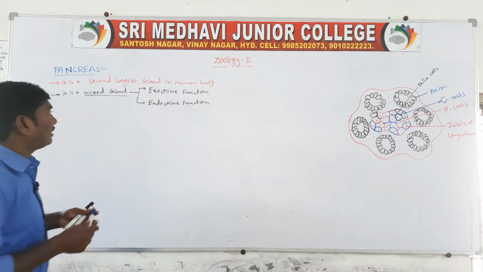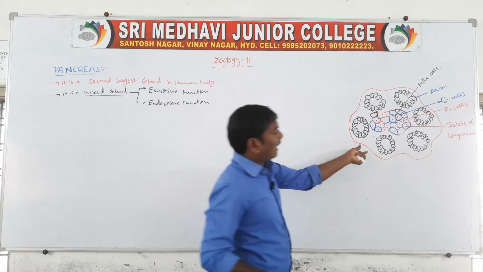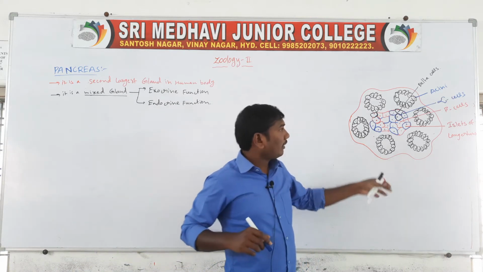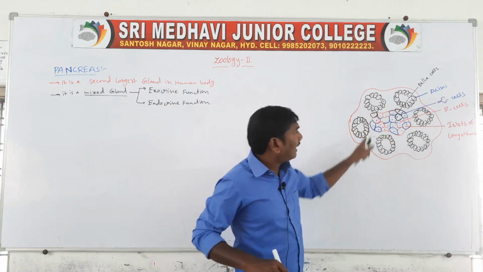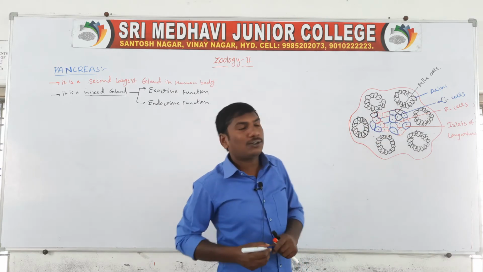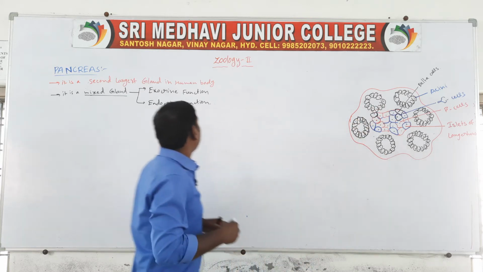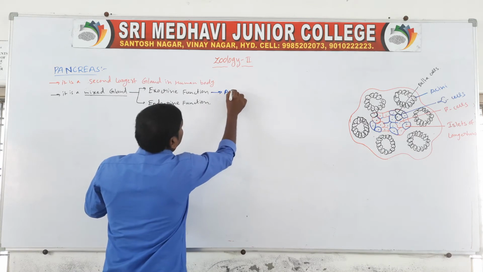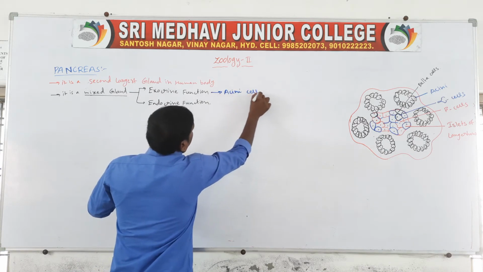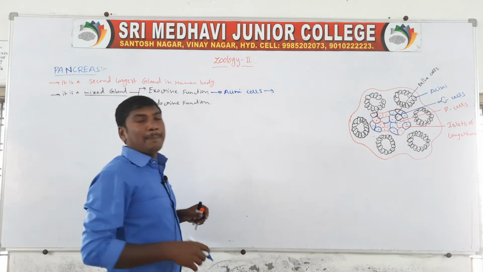The exocrine function means secreting, as in this diagram of the pancreas. There are two types of parts. On the outer side are the Acini cells, and they are the exocrine part. The exocrine part contains Acini cells, which secrete the pancreatic juice.